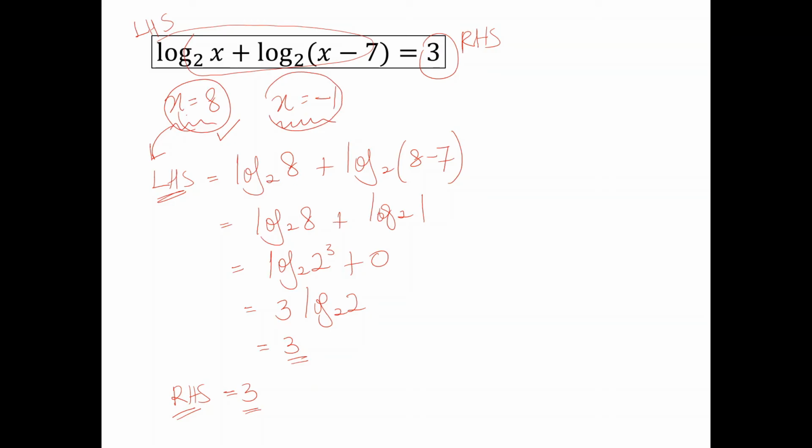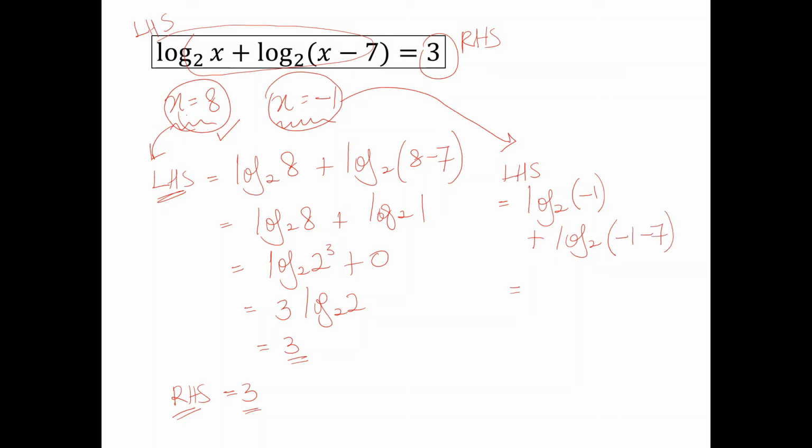Okay, so now we try the case of x equal to -1. What will happen to its left hand side? The left hand side now is equal to log base 2 of -1 plus log base 2 of (-1 minus 7).